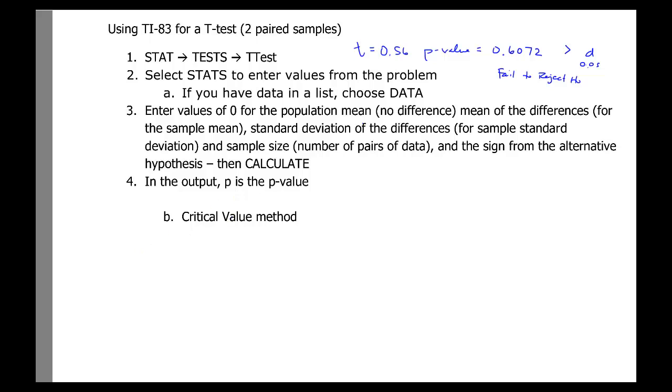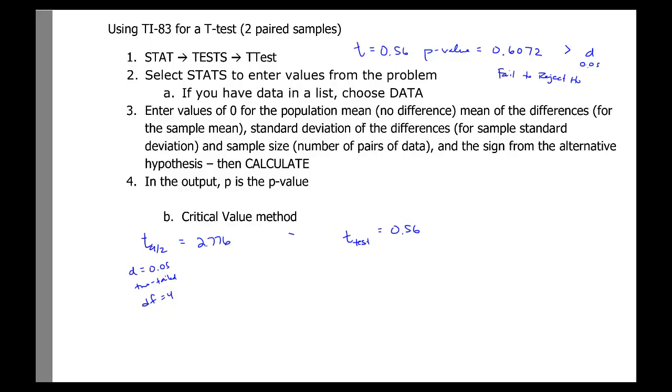Alright, critical value method. We have a value for t that we already calculated. And our critical value of t for alpha is 0.05, and it's two-tailed. And you'd get this from the table with degrees of freedom of 4.